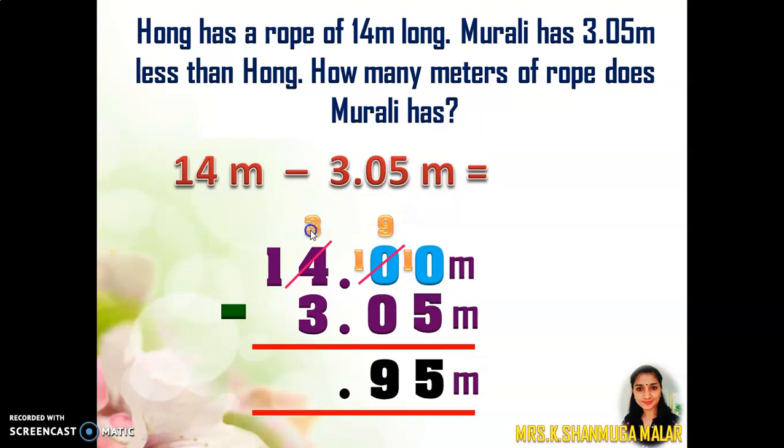And here we have 3, 3 minus 3, we get 0. And here we have 1, so don't forget this number. So 1 minus nothing, we just drop the 1 over here. So the answer is 10.95 meter. Murali has 10.95 meter of rope.